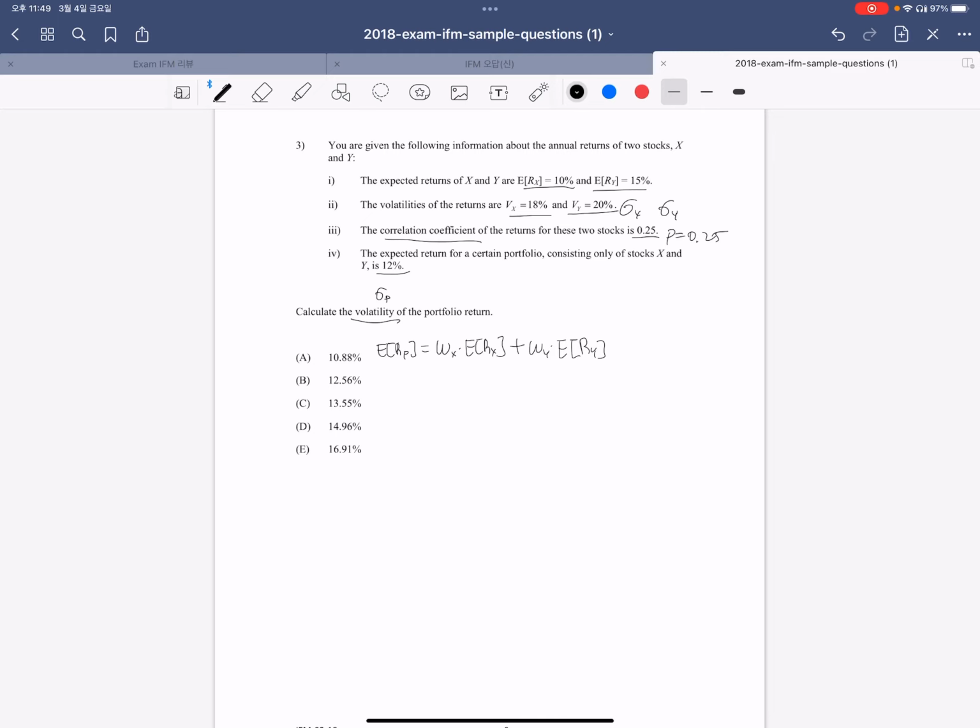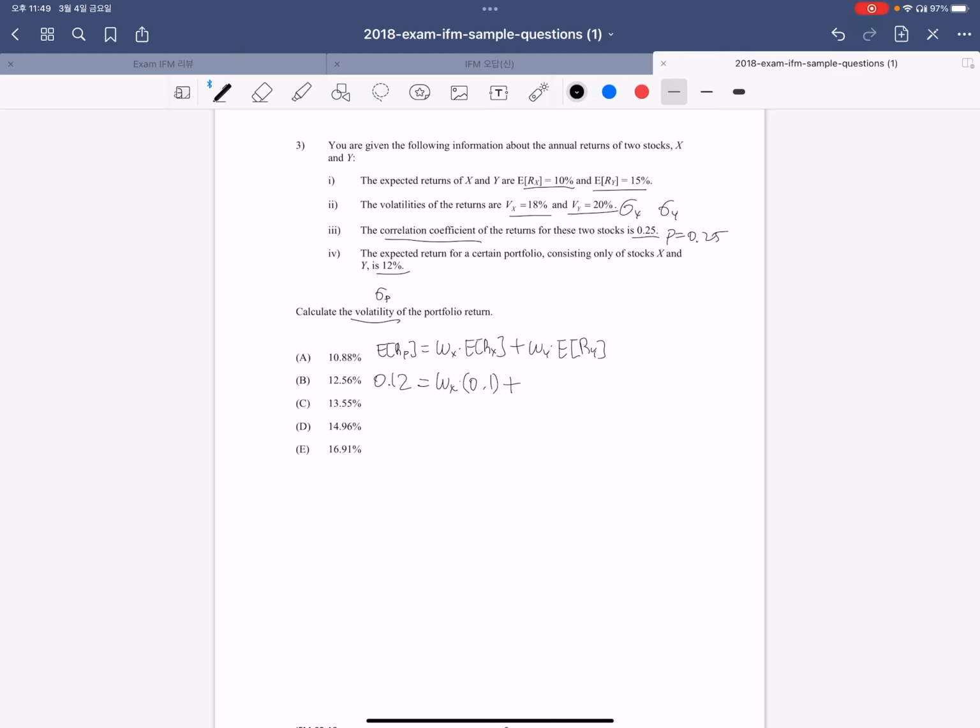So we're given that the expected return of the portfolio is 12%, and we don't know the weight of X, so I'll just leave that as WX. And we know that the expected return of stock X is 10%, so I'll put 0.1.